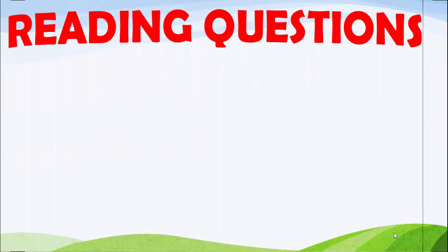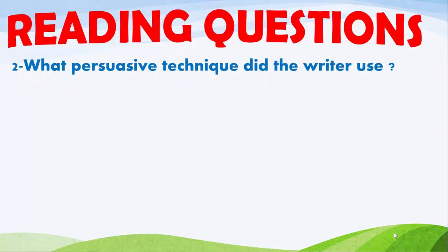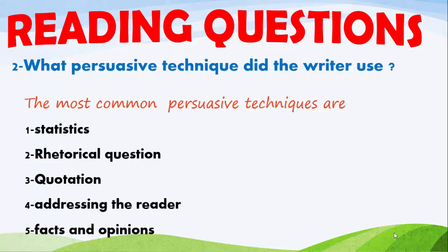The second question, and this is an important question by the way. What persuasive technique did the writer use? We have studied the persuasive techniques, and we have too many of them. You have to know these techniques to be able to elicit them from the passage. Here are the most common persuasive techniques. The writer may use statistics, which means the figures, numbers and percentages.